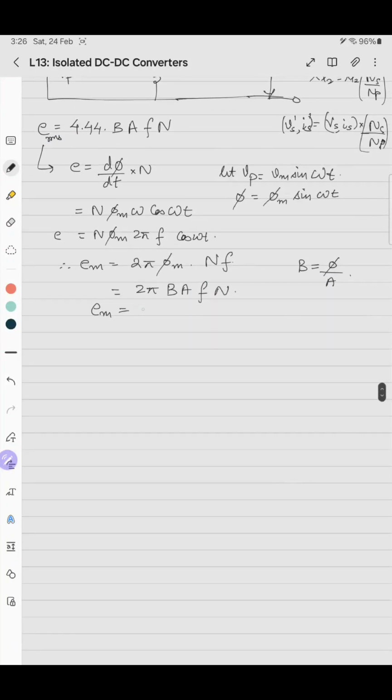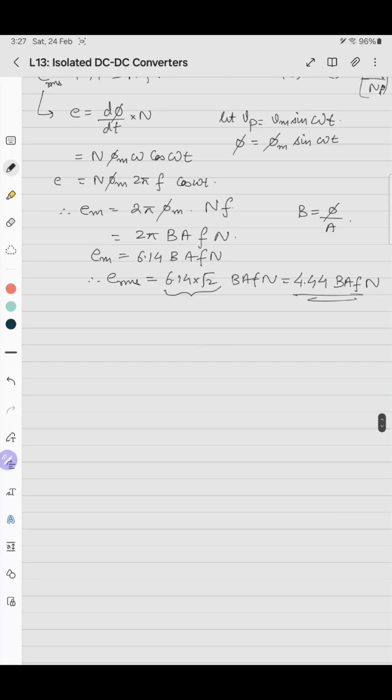So Em is 6.14 into B into A into F into N. Therefore E RMS is 6.14 divided by root 2 into B A F N, which becomes 4.44 into B into A into F into N.